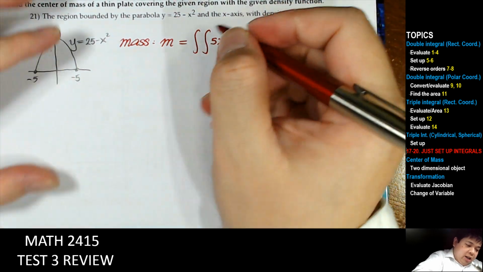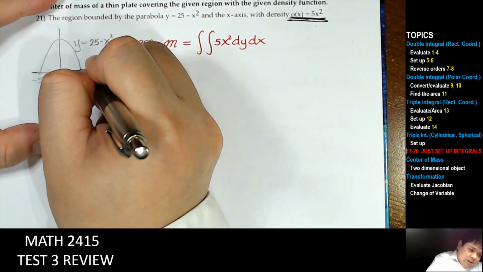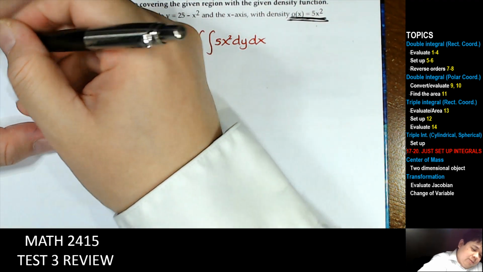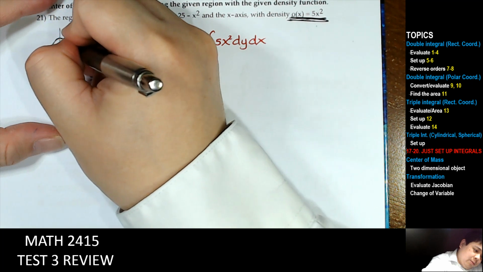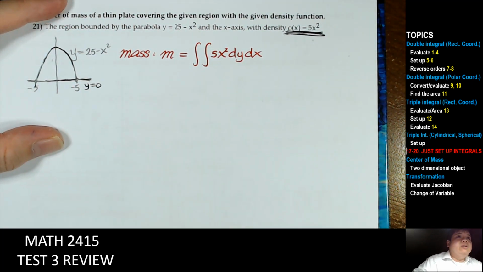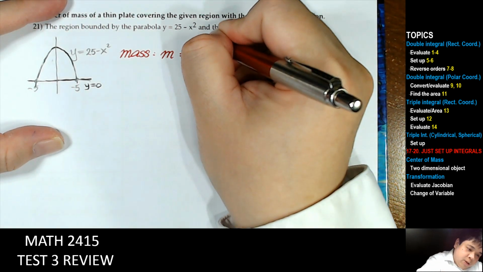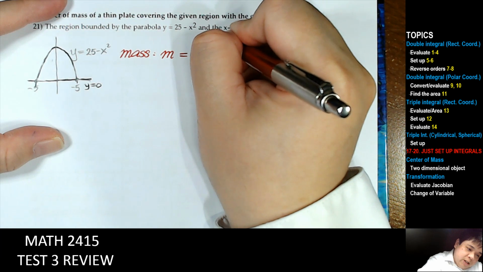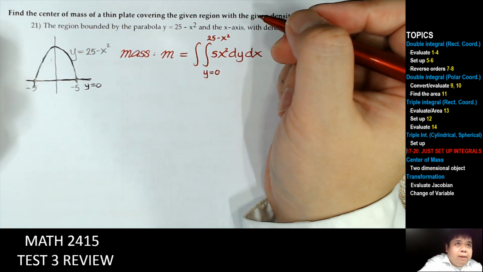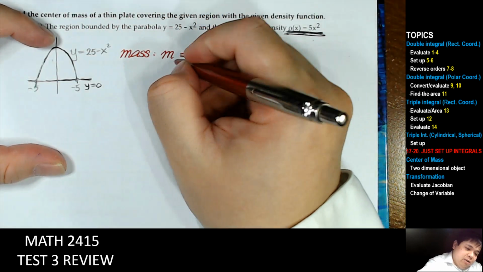For y, the limit for y, we go from y equal to 0 to that curve. So we go from y equal to 0 to 25 minus x squared. And then the limit for x from -5 to 5.